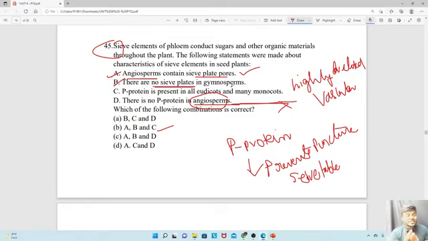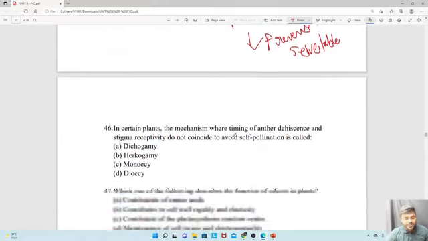So wherever the vascular system is poorly developed, there is a chance that phloem can rupture or get damaged, and then food can be leaked out. So what do we require? P protein is required in all eudicots and many monocots. That's good. Hence the correct answer will be B. Amazing.